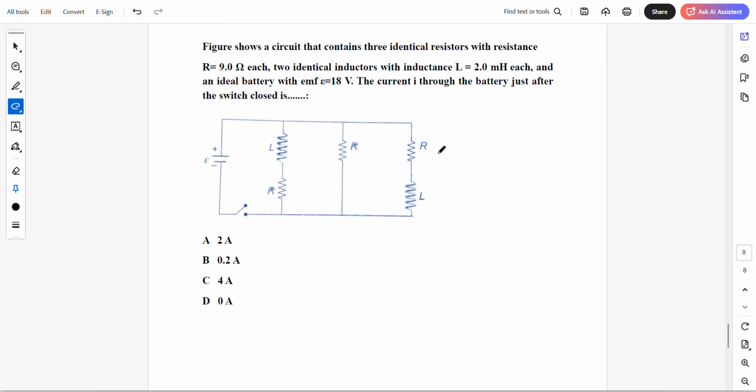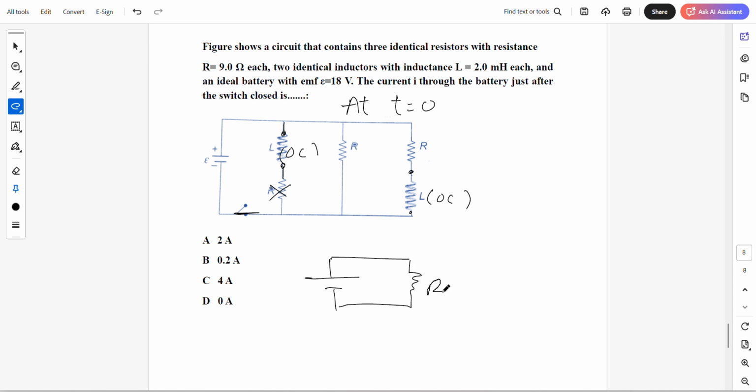Again the same problem. Here C is not there. In parallel with L, directly L is there, open circuited at T is equal to 0. Write the circuit diagram. This is open circuit, this is also open circuit, so don't consider these. Now you'll be having only one resistor like this.